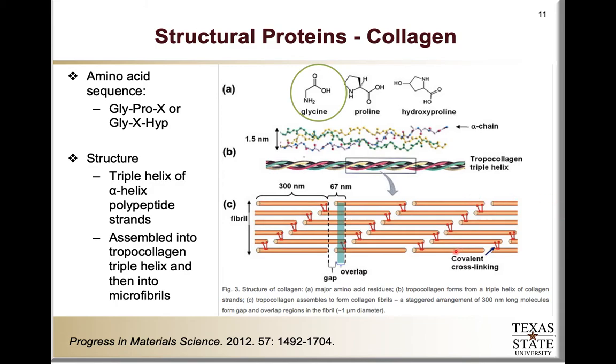The tropocollagens are also cross-linked chemically, as you can see in this graphic, through enzymatic reactions. And so we have a system that is basically insoluble now due to the cross-linking and the large size of it.